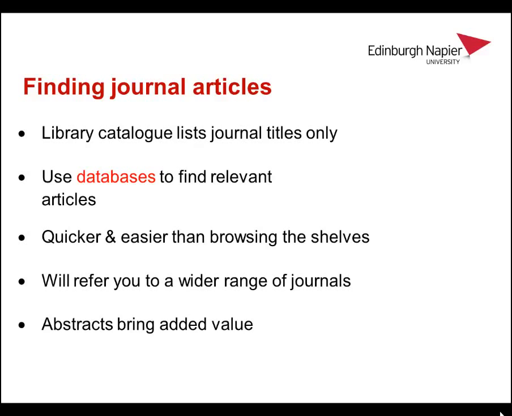When you're looking for journal articles, the library catalogue will only give you the journal titles themselves, so the databases are a quicker and easier way to find these articles. They are essentially subject-specific search engines, and they give you access to a whole host of journals that aren't available in print. You'll also find that you'll get a thing called an abstract when you look at the results, and that's a paragraph that tells you what the article's about.